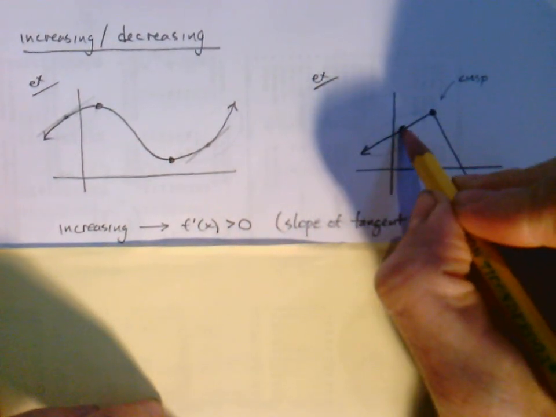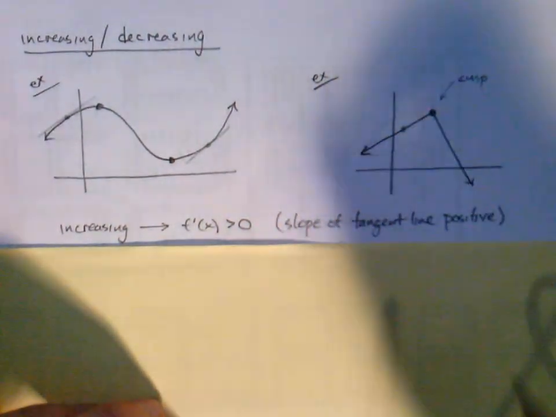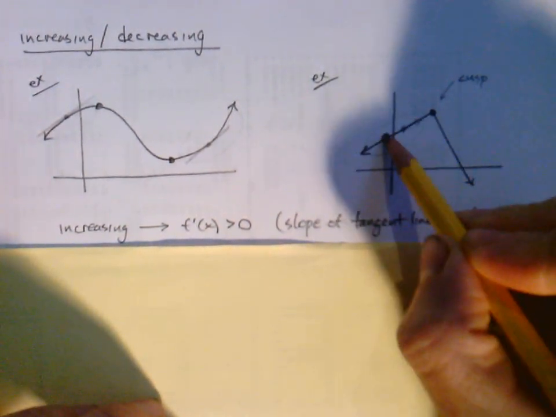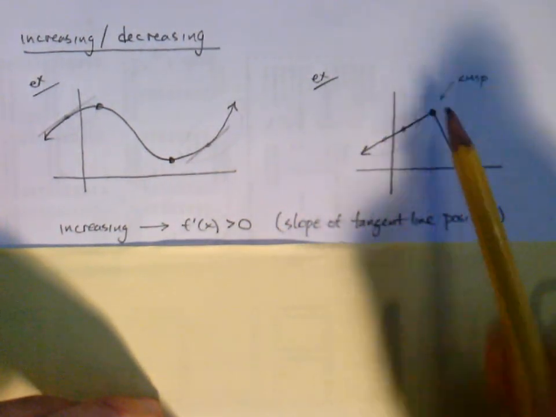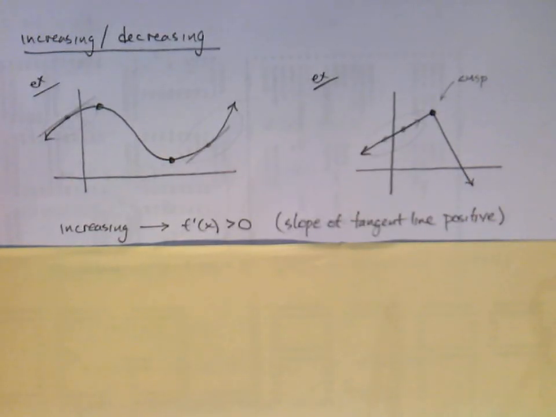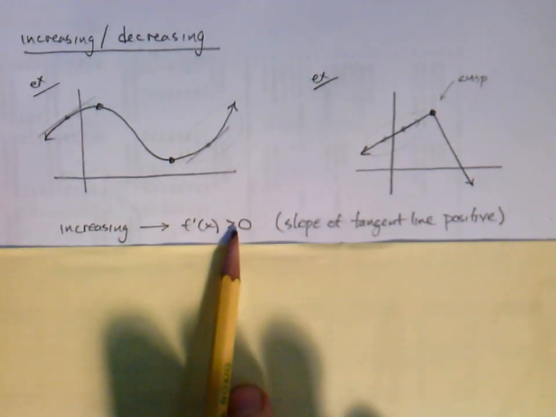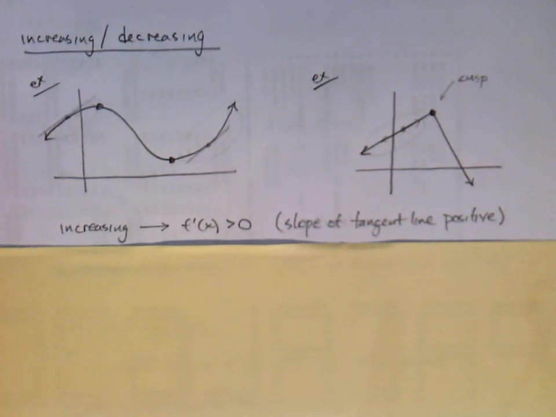So if I was to take any random point here, the tangent line is actually the line itself. Any line there, that slope's going to be going up at any point. What we want to take away: our graph is increasing if our derivative is positive, and vice versa.